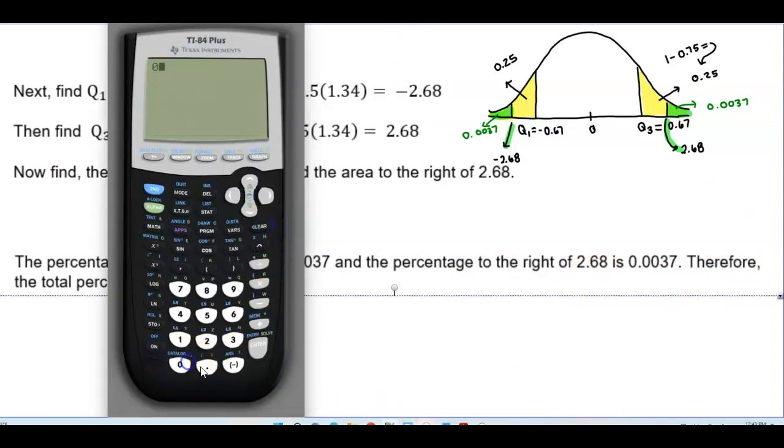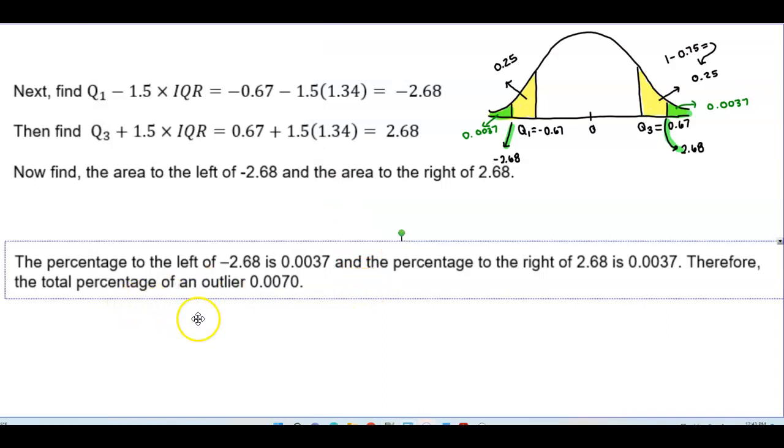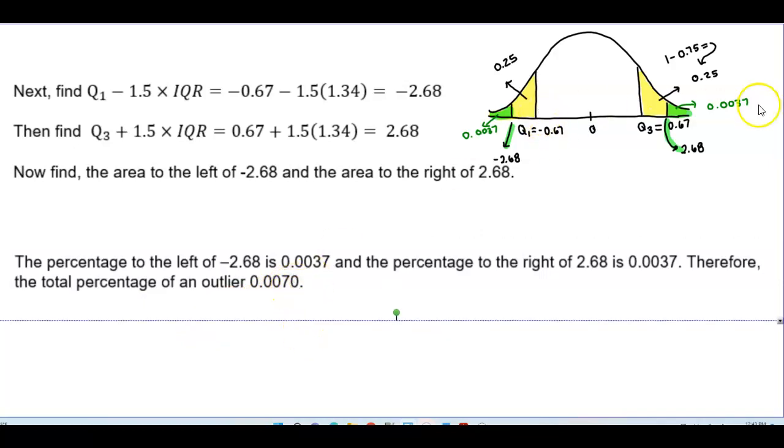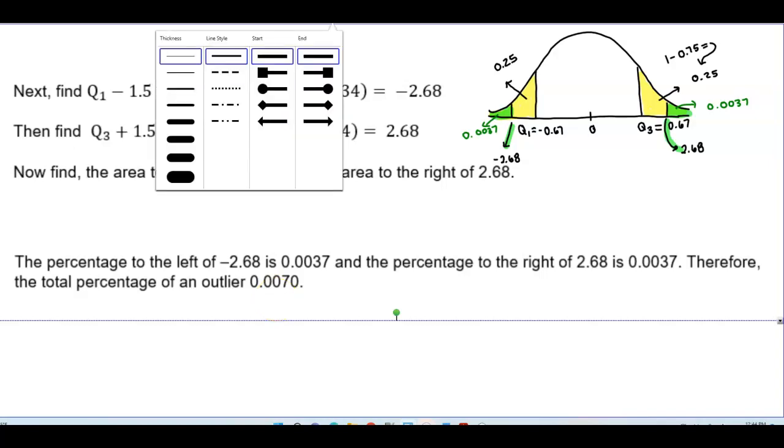If we take 0.0037 plus 0.0037, we get 0.0074. So we would say the total percentage is approximately 0.0074, because if you add those together, that would represent the outliers. So we would say 0.0074 is our result.